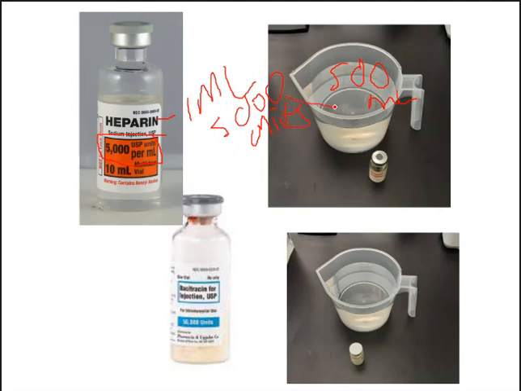If we take that and put it into this saline, that will then become 10 units per milliliter of heparin. And that's what we commonly use for intraarterial irrigation, intravascular irrigation from the back table.